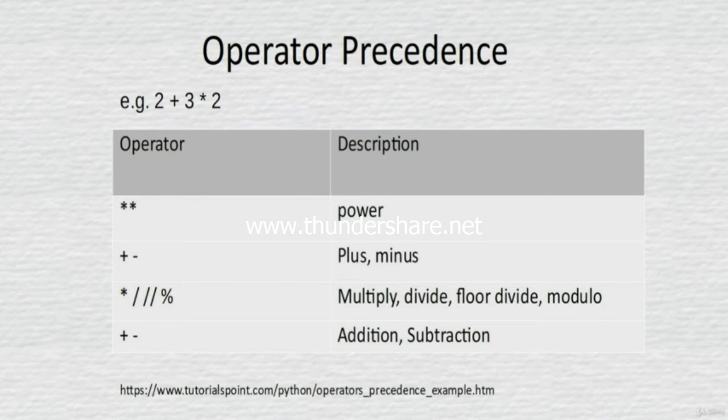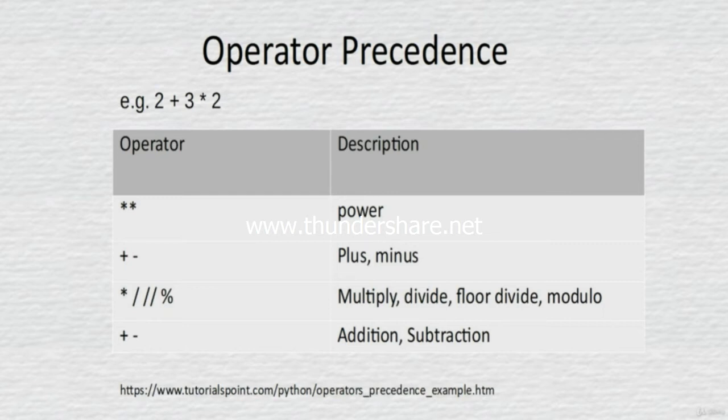Now, the table here shows you Python arithmetic operators priority from high priority to low priority. The power has the highest priority, followed by the unary operators plus and minus. The plus basically gives you the sign of a number, and the minus negates the number. Next come multiplication, division, floor division, and modulo.